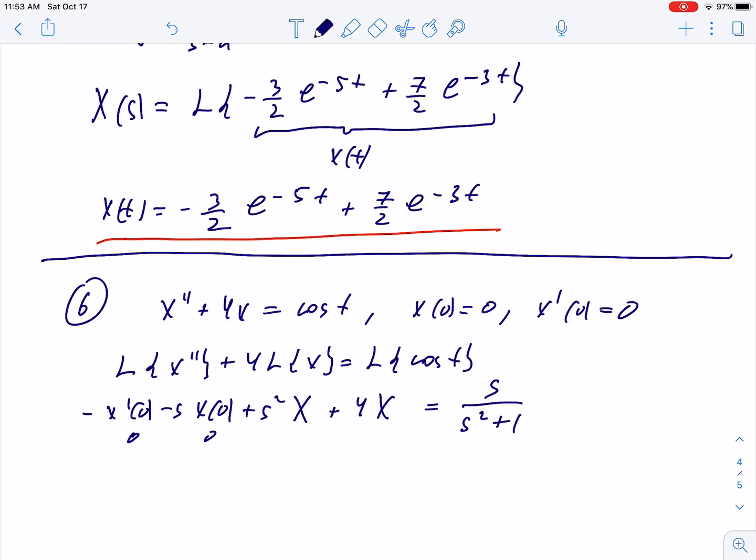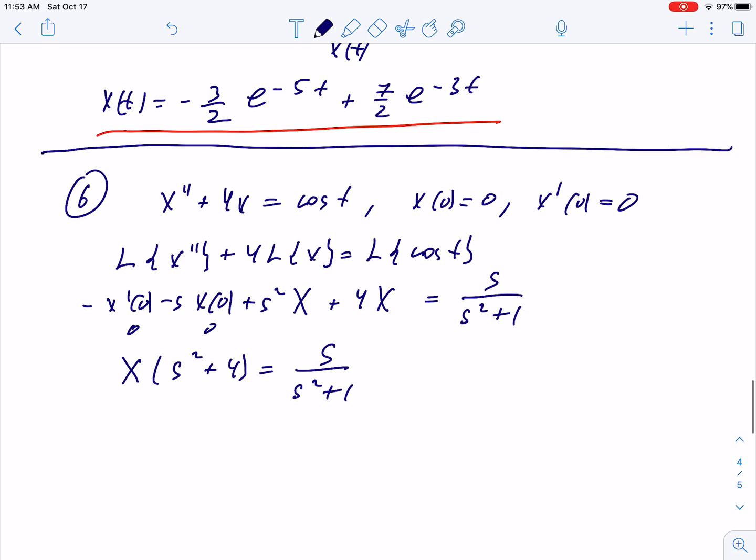So factoring the big X on the left, we have s squared plus 4, and on the right side, we have s over s squared plus 1. Solving for the big X of s, it will be s over (s squared plus 4) times (s squared plus 1) in the denominator.